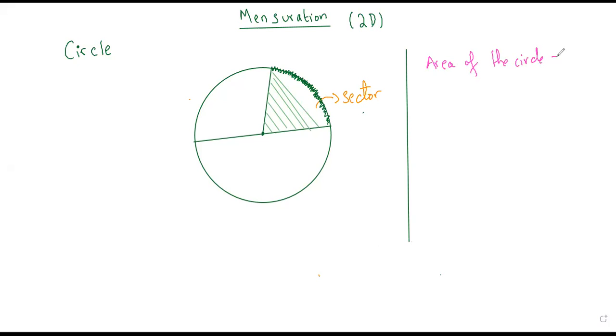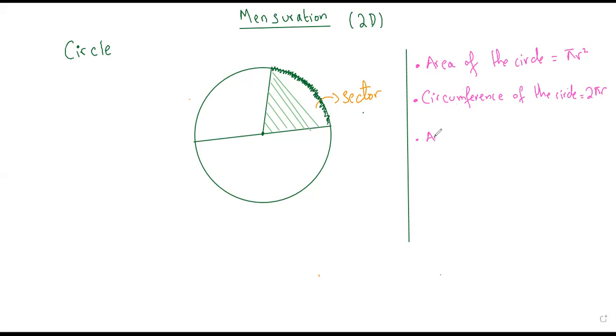Let's talk about the circle first, it is pi r square, okay? And the circumference, that is basically the boundary of the circle, is 2 pi r. So these are two formulas that you guys must be familiar with already because they are the most used formulas, the most popular and most basic ones as well, okay?